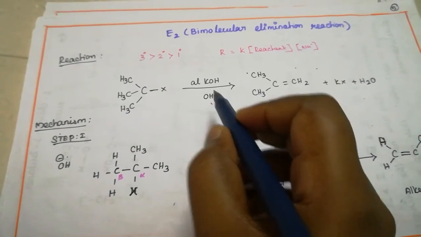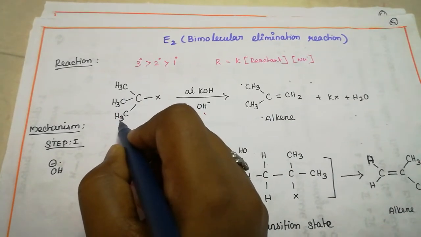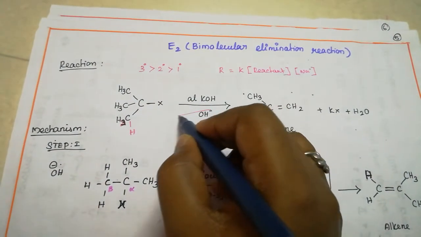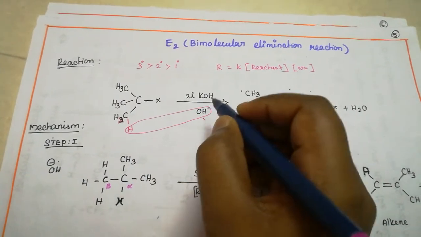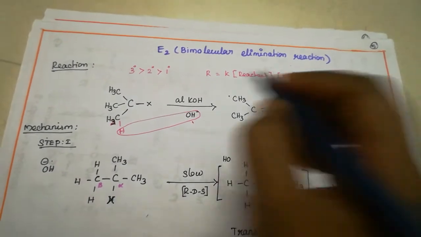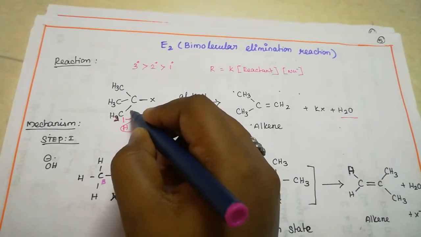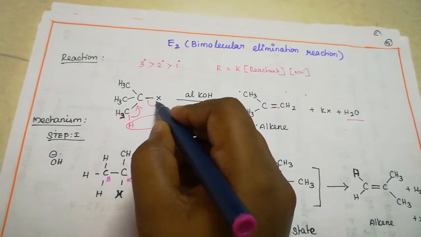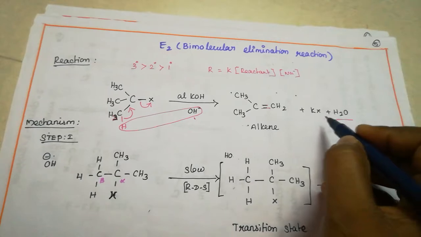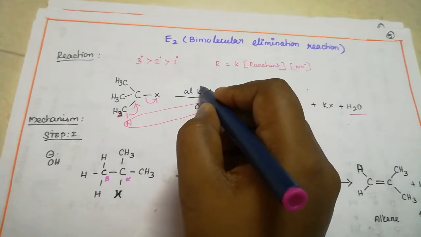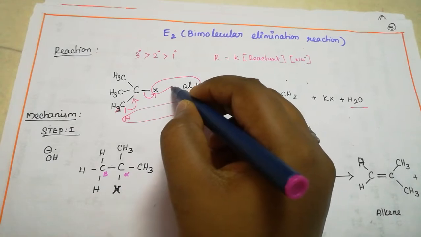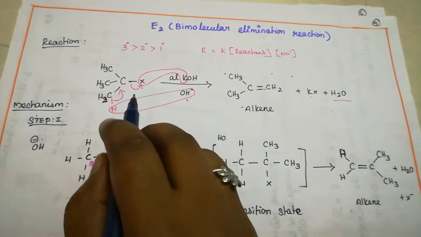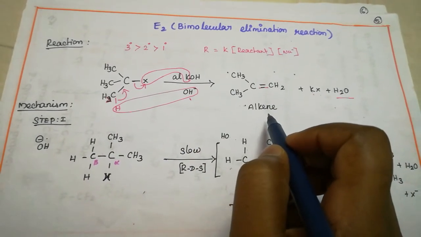This OH minus abstracts this hydrogen, CH2H, attacks this hydrogen to form a water molecule, and this bond shifted to here to form a double bond, and this bond shifted to halogen. This compound is eliminated as KX. The final product is alkene.